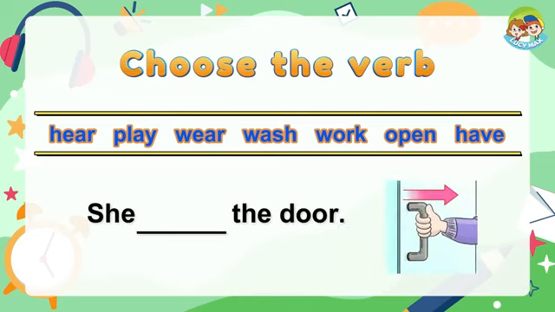She blank the door. The answer is opens. She opens the door. We add S to the verb because the pronoun is she.